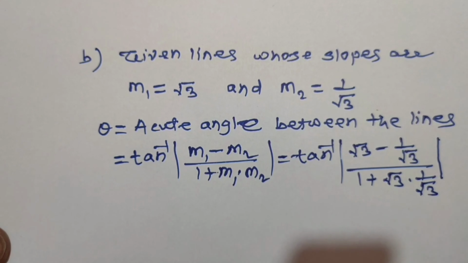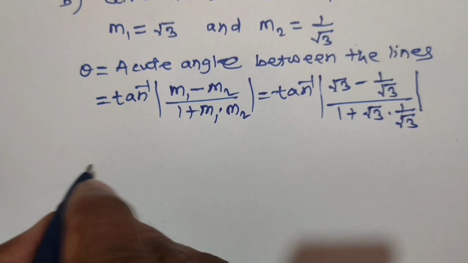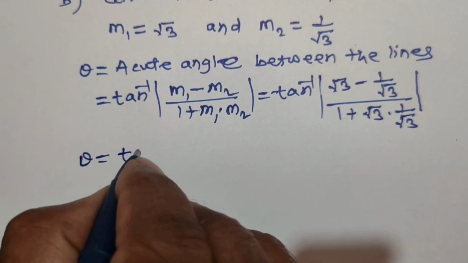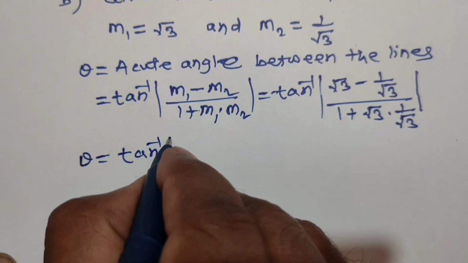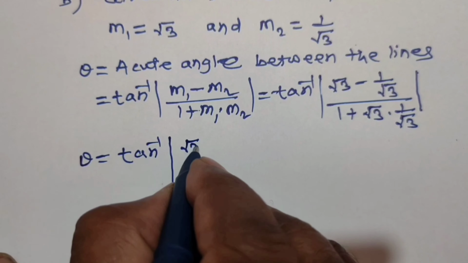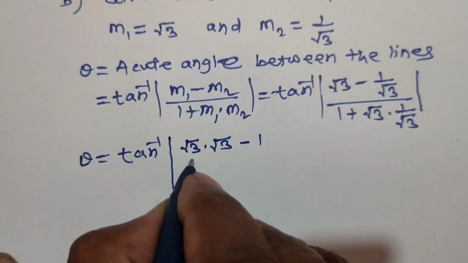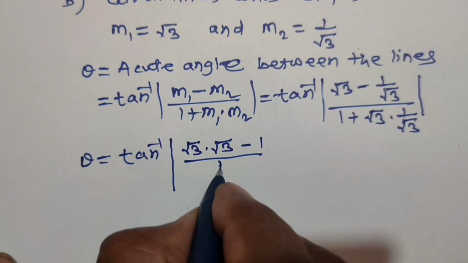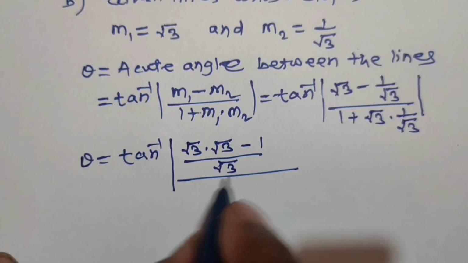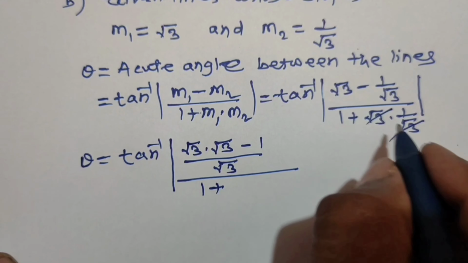Simplifying this, theta can be written as theta is equal to tan inverse in modulus of (root 3 into root 3 minus 1) divided by root 3, considering root 3 as LCM of numerator. And in denominator, root 3 gets cancelled.